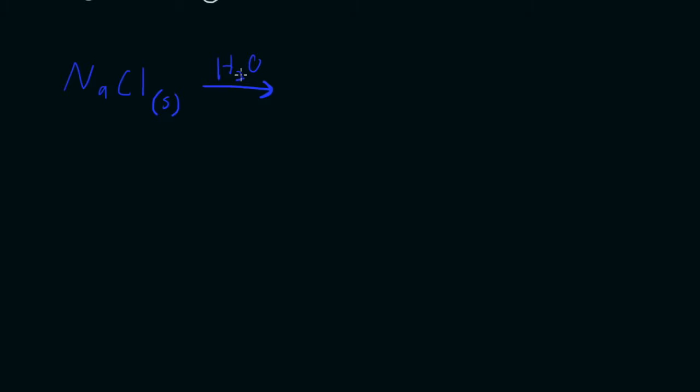And when that happens, that water is going to surround this sodium chloride crystal, and it's going to pull it apart into its individual ions, being Na+, aqueous here. aq stands for aqueous. So when we say aqueous, we mean water. So aq stands for an aqueous solution, all right? And I'm going to have Cl-. So it's going to break it up into its two individual ions.